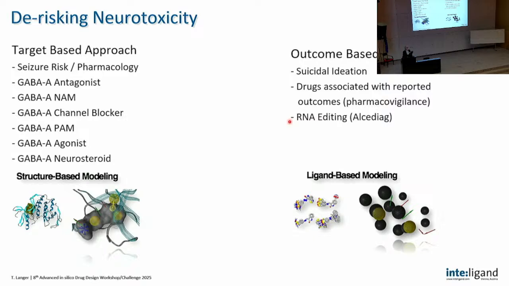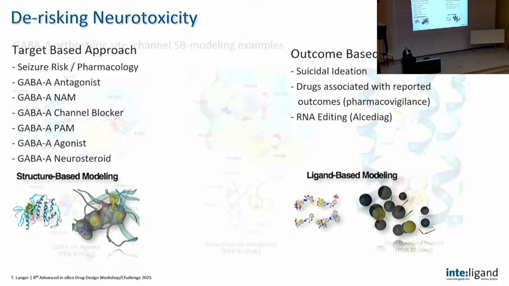So they drive up the modification of the RNA that then translates into a mutation of the receptor biochemically. So there is a biochemical reason why people kill themselves. We know the compounds that do this, and we can make so-called outcome-based models, again translating the structure into a pharmacophore.